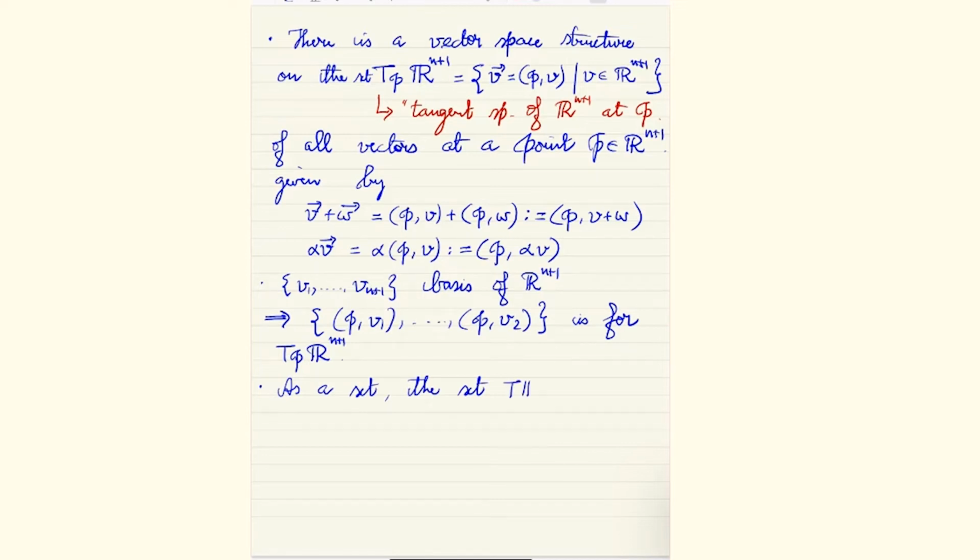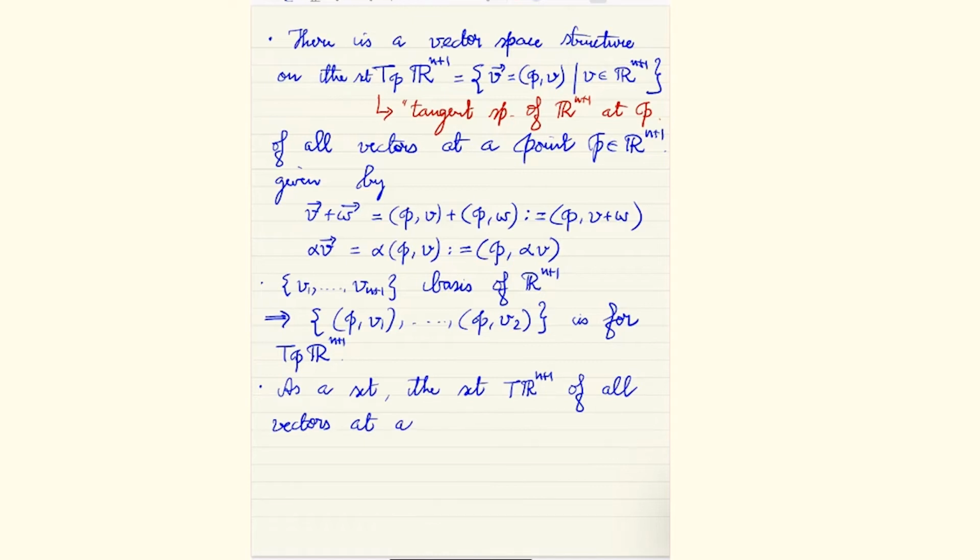So the set TRn plus 1, without reference to a point in the subscript, is the set of all vectors at all the points.